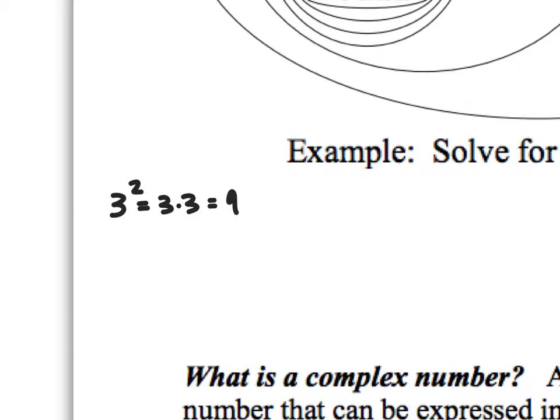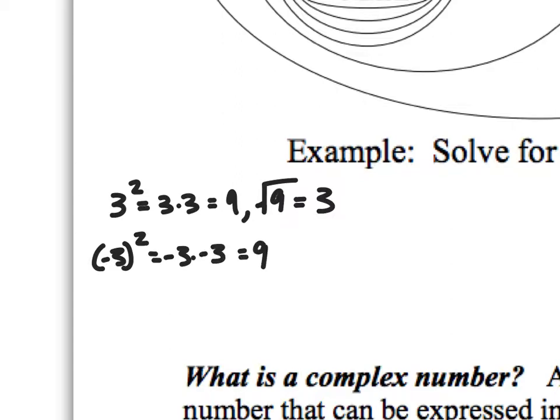If we take the square root of 9, it brings us back to 3. The other thing we can say is that if I take -3 squared, that gives us -3 times -3, which is +9. Consequently, if we take the square root of 9, we can get either 3 or -3.